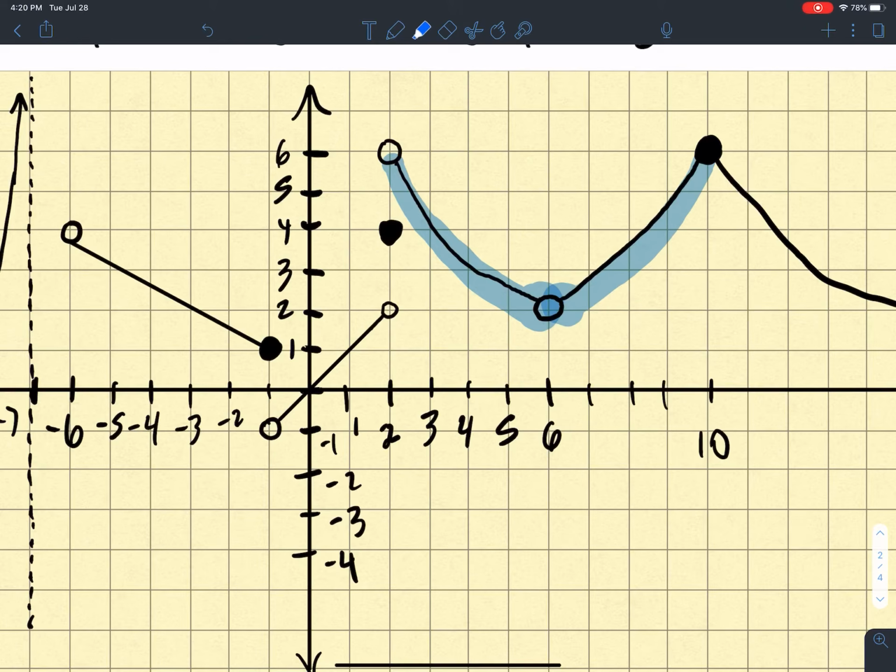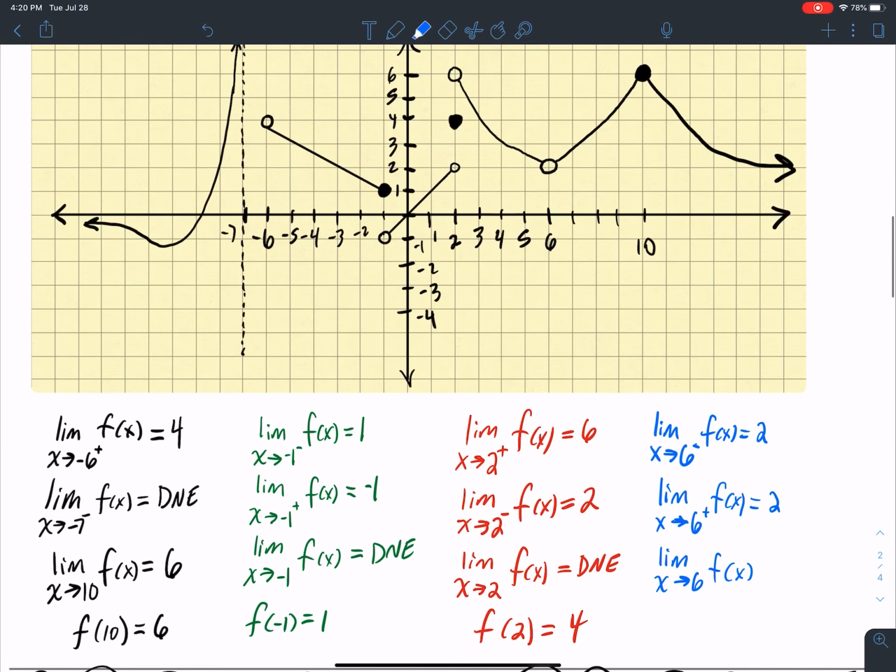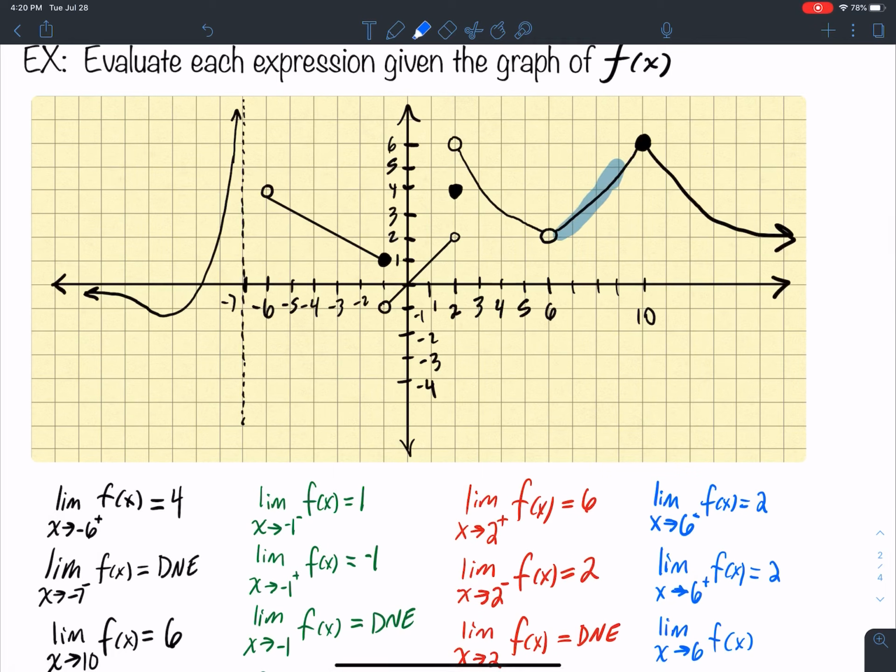But the issue is it's not defined at 2. If I plug a 6 in for my function, it's undefined, right? So it's everywhere around 6, but not at 6. But guess what? That doesn't matter when we're talking about limits. All we care about is all of the numbers surrounding in a neighborhood of 6, right?